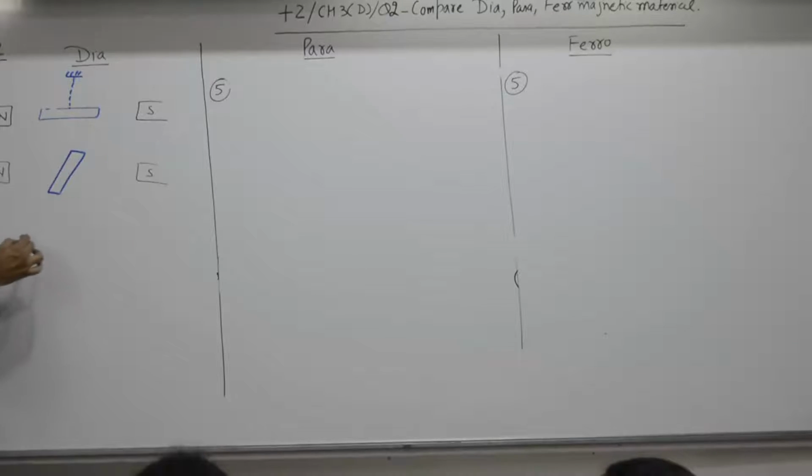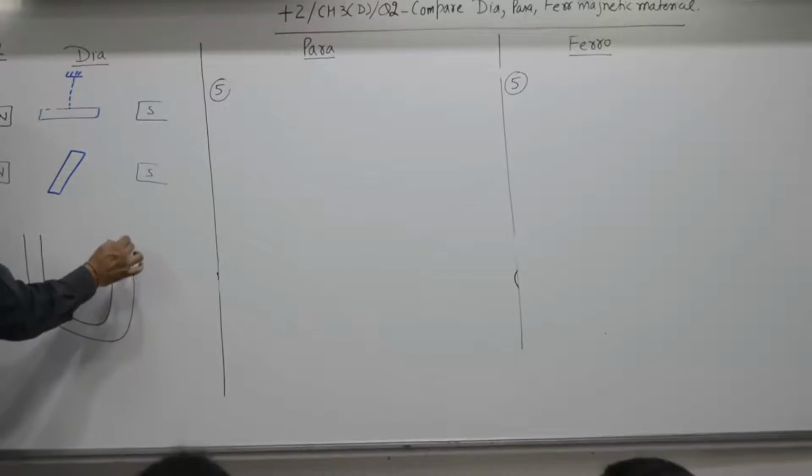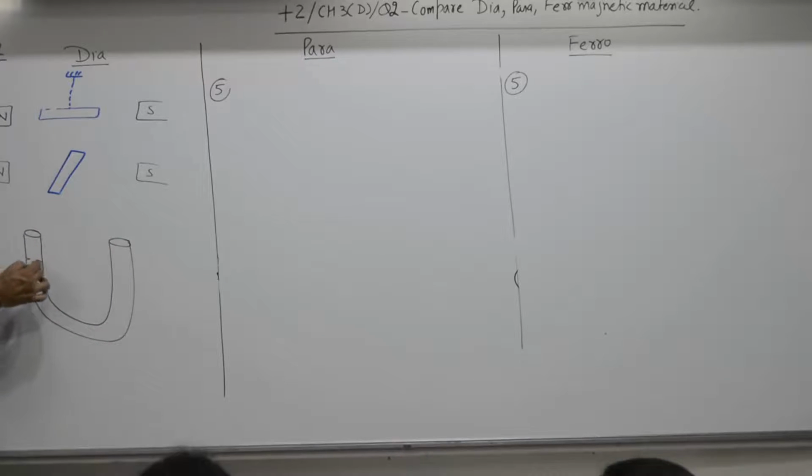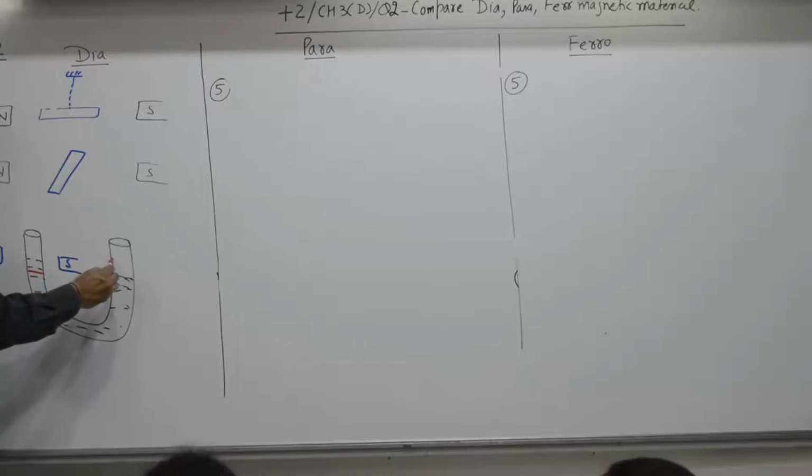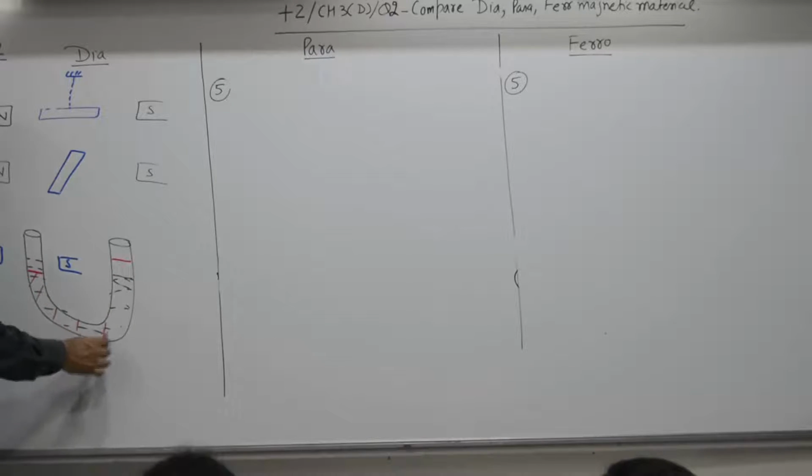Second example is, if we have a U-tube, fill this U-tube with a diamagnetic liquid. Switch on a magnetic field on one of the limbs. The result is that this liquid has a tendency to move away, so it will move downward on this side and upward on that side.